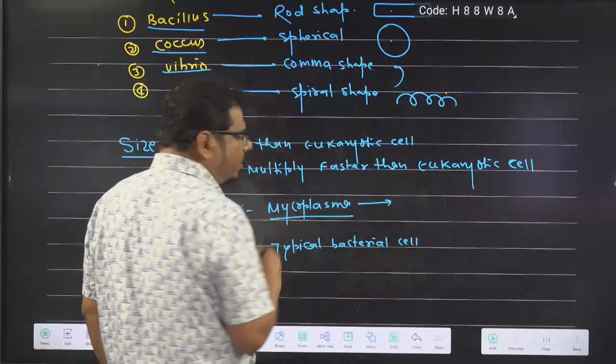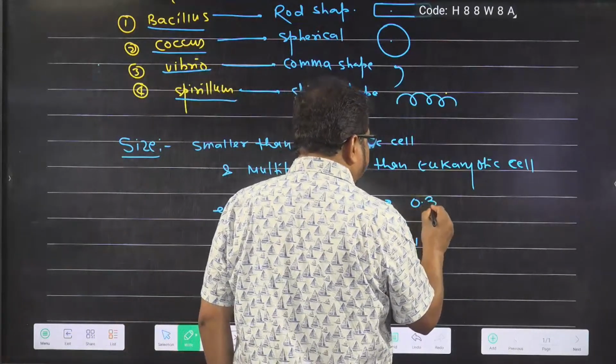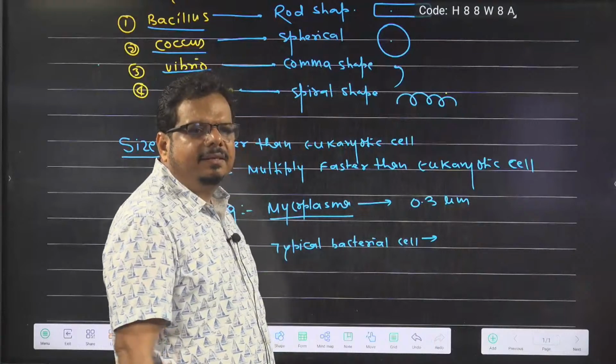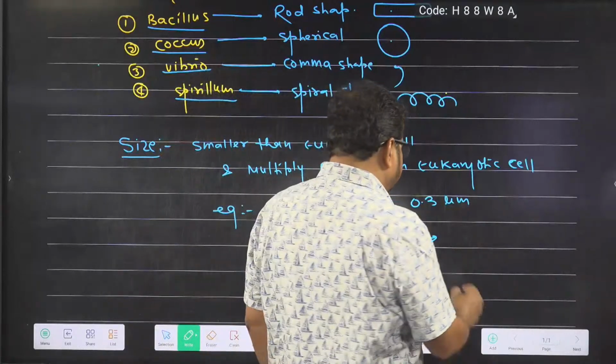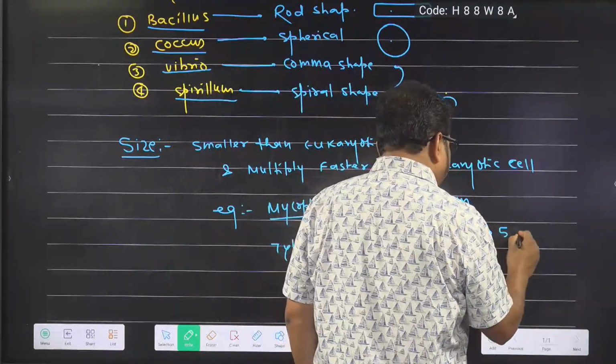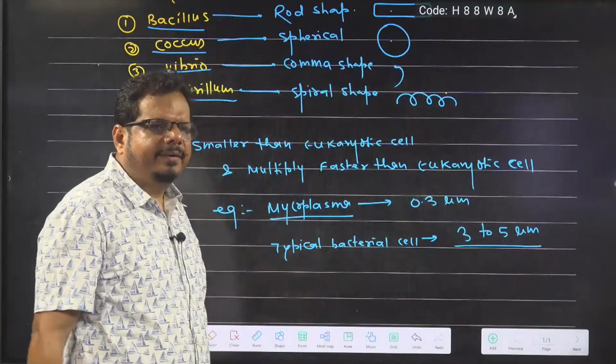So what is the size of mycoplasma? 0.3 micrometer. Well done. And a typical bacterial cell, what is the size? It is 3 to 5 micrometer, we can also write. It may vary. Got the idea?